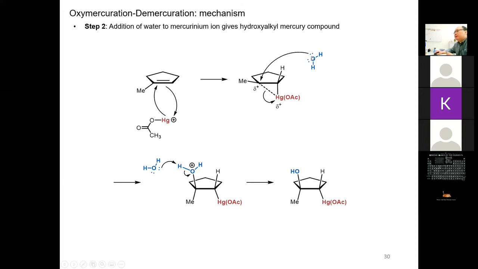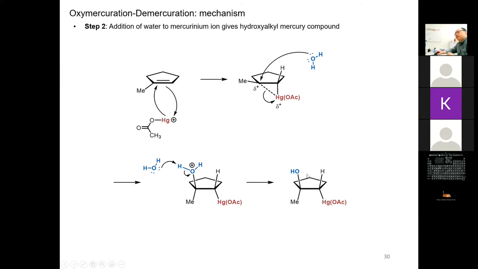So the abundant water will attack from the backside to generate a C-O bond. And just like the hydration catalyzed by acid, the final step is the removal of one proton from this ion to give this OH. So this is much like the bromonium ion, right?